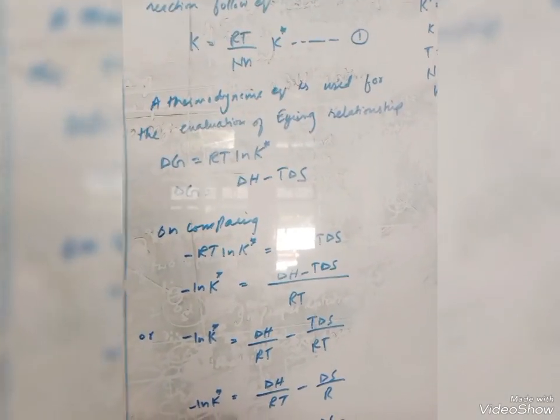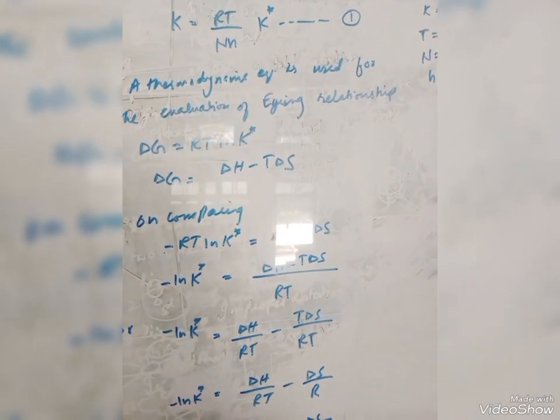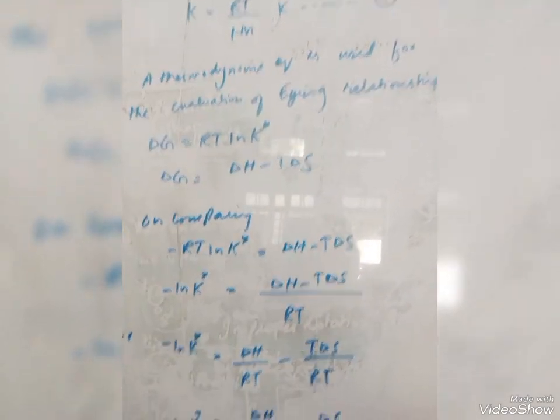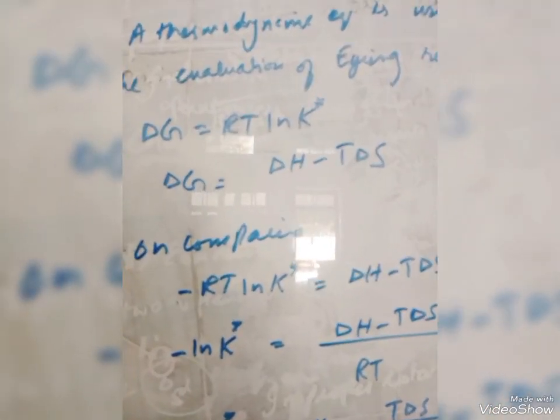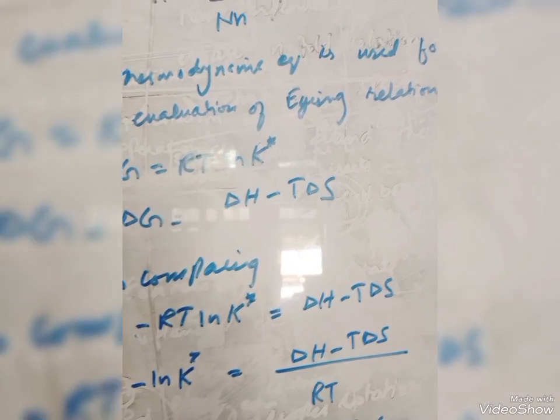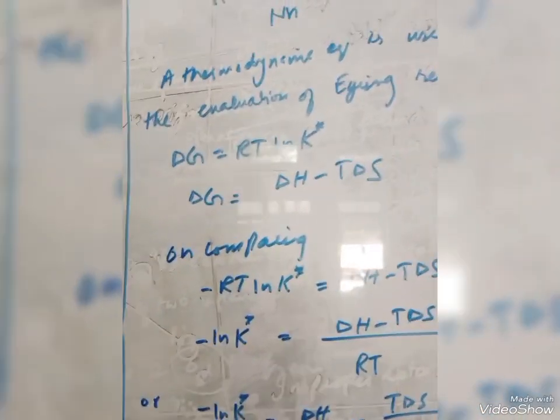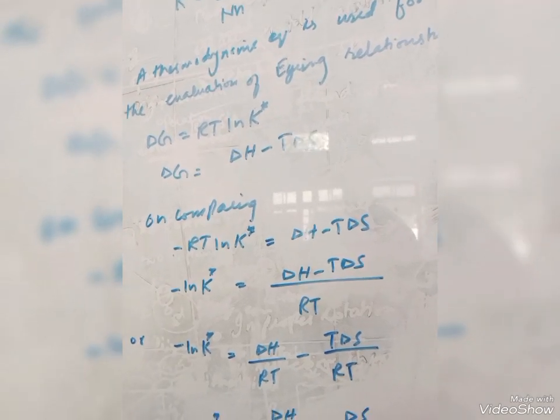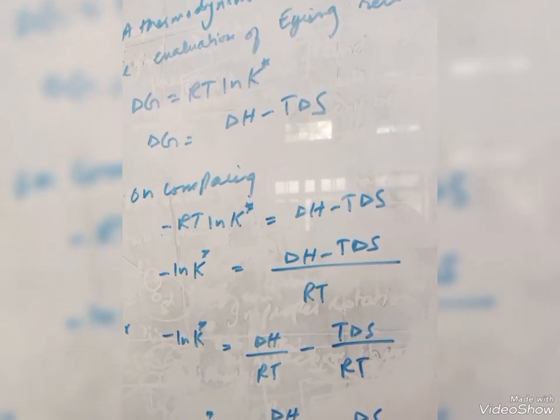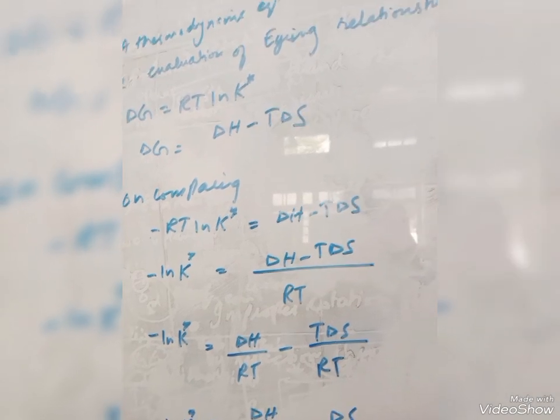Going forward, this is used for the evaluation of the Eyring equation. From this, delta G star is equal to minus RT ln K star, and delta G is equal to delta H minus T delta S, entropy and heat, which is a relationship from thermodynamic derivations. If we compare delta G of both, then this equation is formed.